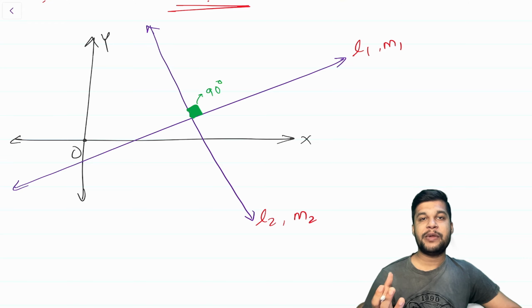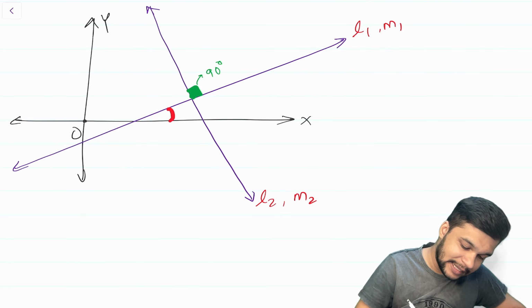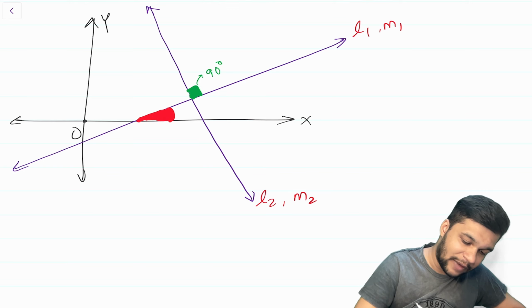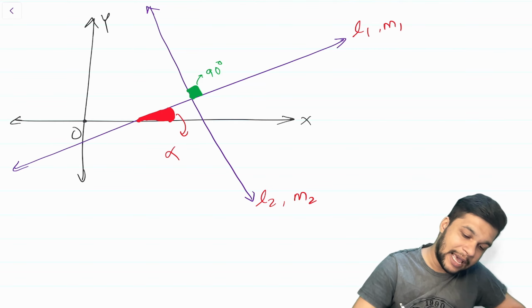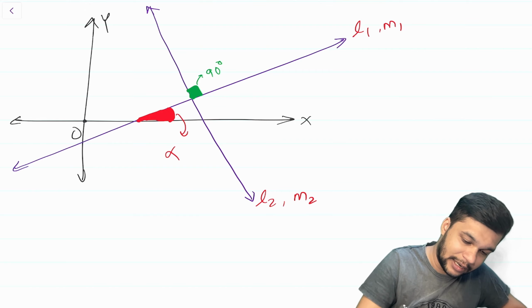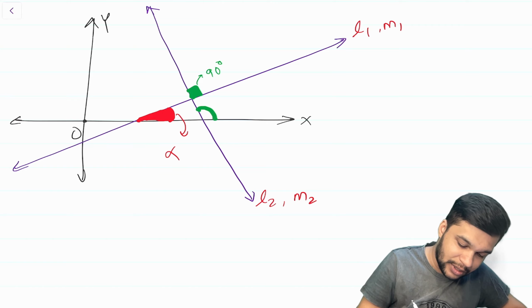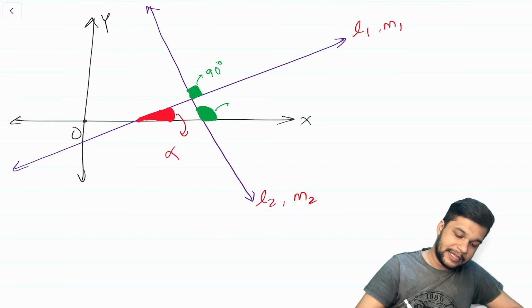What is the relationship between M1 and M2? Let's say your line 1 is inclined at an angle of alpha. So let's say this angle is alpha. And let's say your line 2, I'll use another color if you wish. So let's say this angle over here, the angle at which line 2 is inclined, is beta.